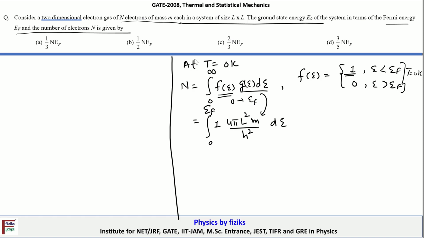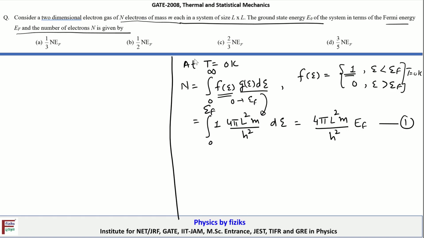This is the expression for the density of states in the range E to E plus dE, and this is equal to N, that is equal to 4 pi L square M upon H square multiplied by Ef. So let's call this our result 1.